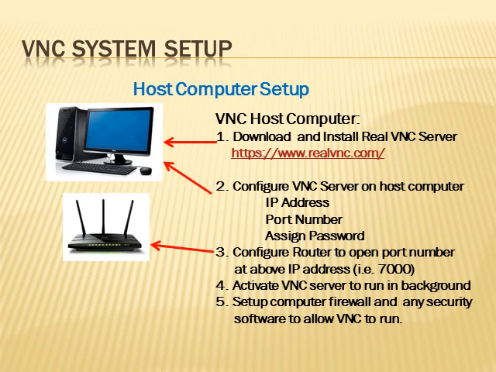Next, we need to configure the VNC server software on the host computer to specify the IP address that is assigned by the router. Whenever you start up a router, it assigns internal IP addresses, which start with 192.168, followed by either a .0 or .1, and then the local address for each place.